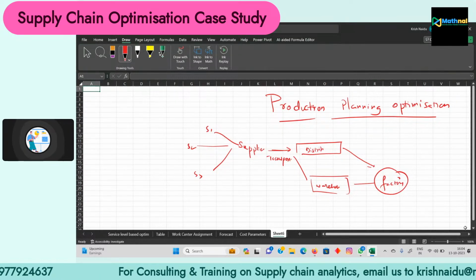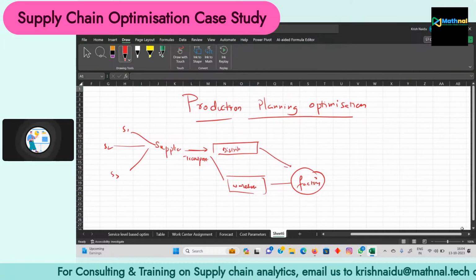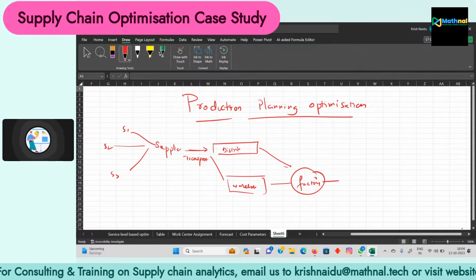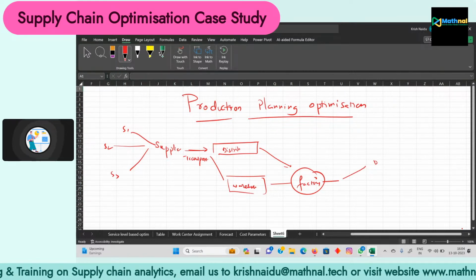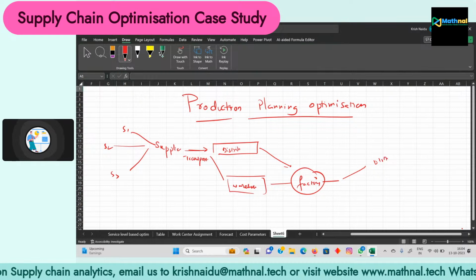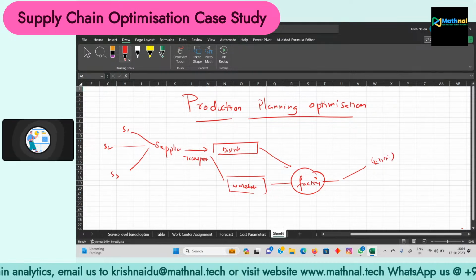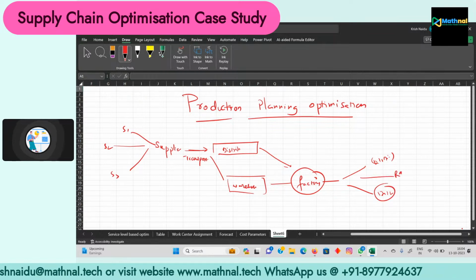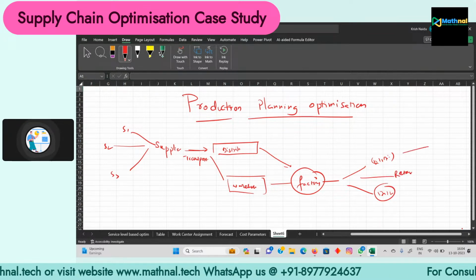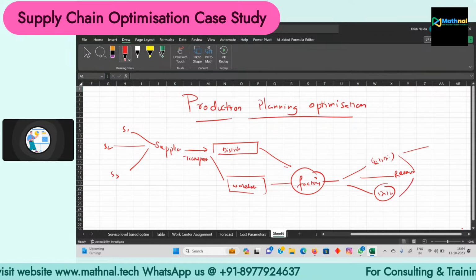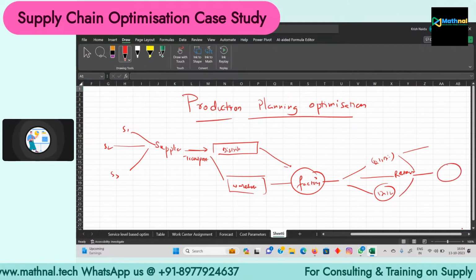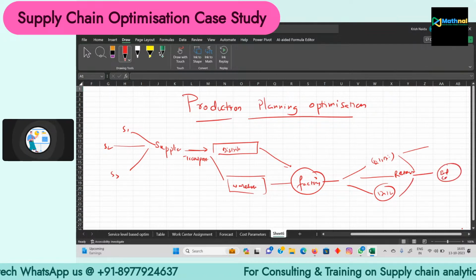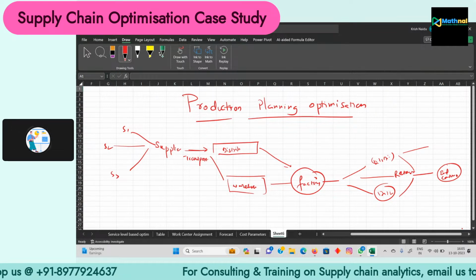Now your factory has to produce the goods and ship them to the distributors on the downstream, or maybe the retailers, and retailers will finally give it to the end consumers. So this is a simple supply chain.